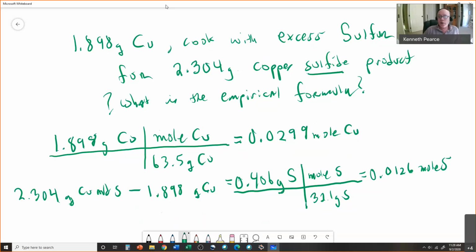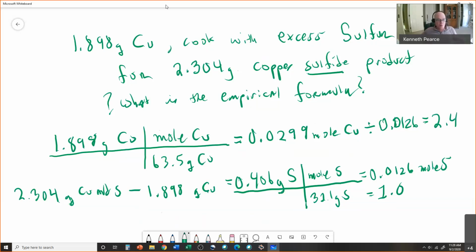And so now I can divide everybody by the least number of moles, and that would be 0.0126. Of course, that becomes 1 down here. And now 0.0299 divided by the least number of moles gives me 2.4.